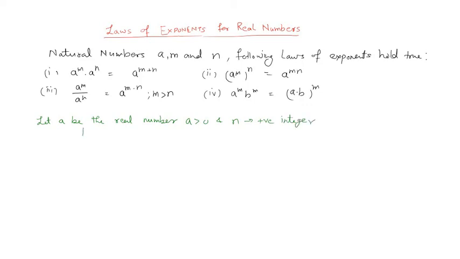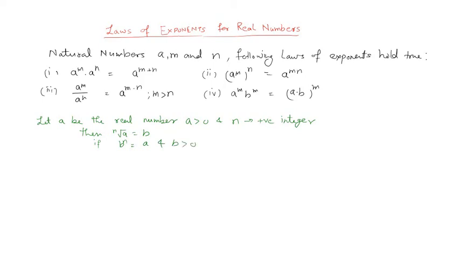Then for this real number a, the nth root of a is equal to v if v to the power n is equal to a and this v is greater than 0.